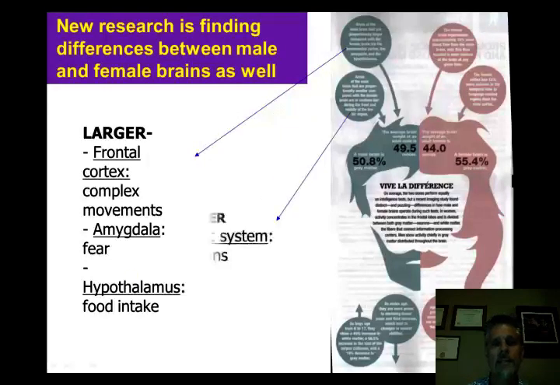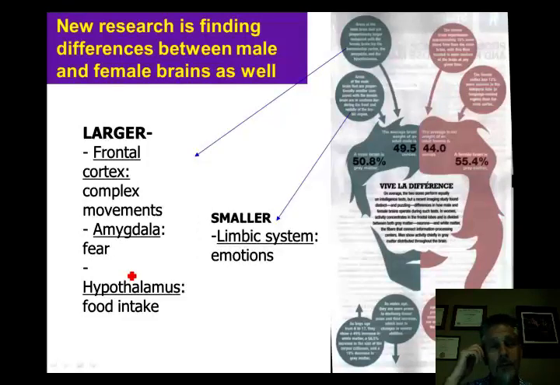Female brains, instead, or I'm sorry, with male, different areas of the male brain are smaller than female; there are female brain areas that are bigger. The limbic system is bigger in females than in males. There's a trend, right? Females at times can be more emotional, etc. So they have a bigger area of the brain that's maybe dedicated to that. Quite possible.